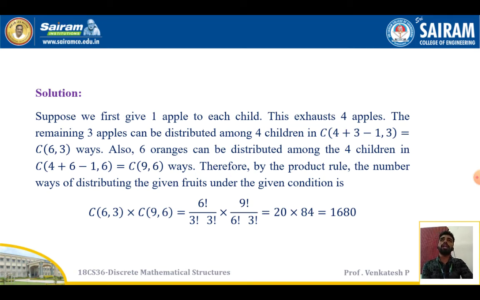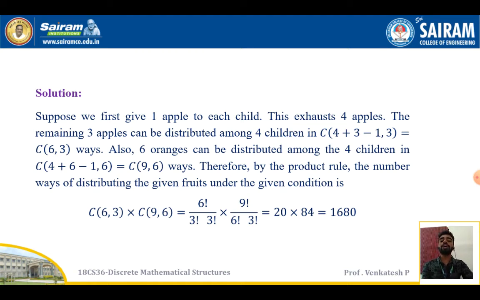So now totally I need to distribute all the 7 apples and 6 oranges among 4 children by giving 1 apple to each child. This can be obtained by multiplying both the combinations: combination of 6 comma 3 into combination of 9 comma 6.